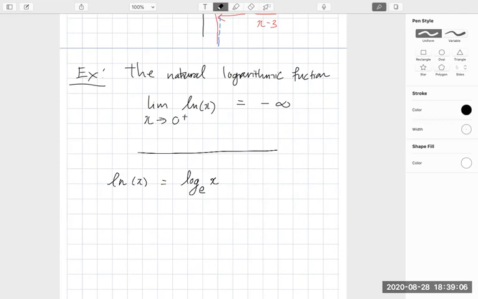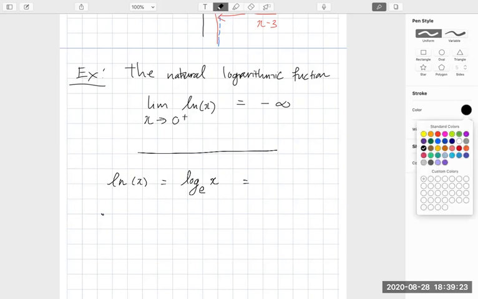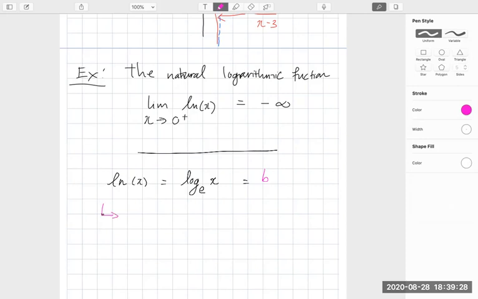When x goes to 0 from the right, we need to ask ourselves, if this is equal to b, for example, which means x is e to the b.